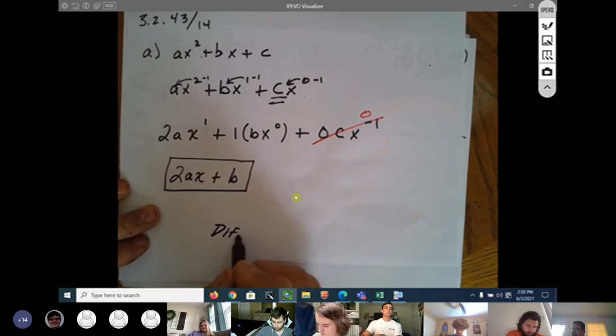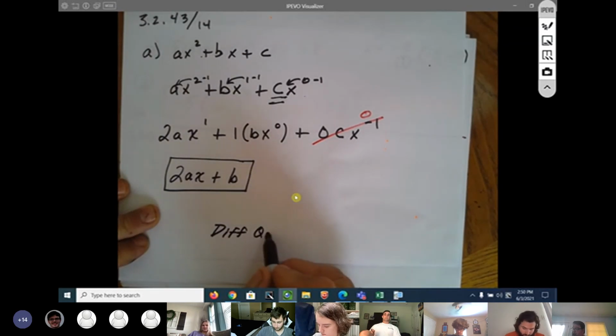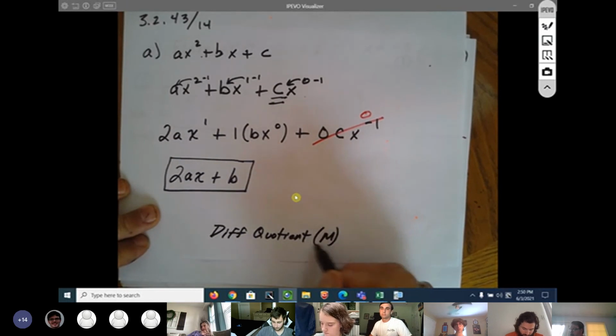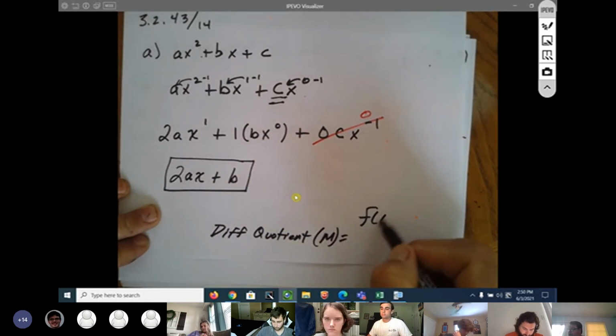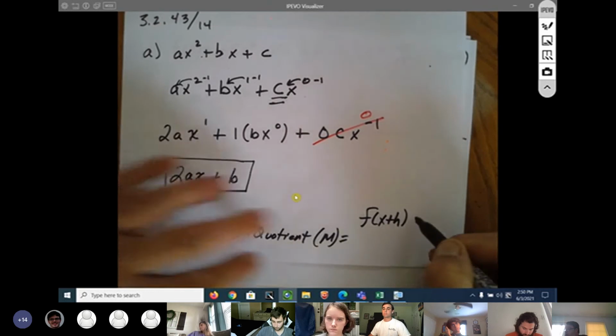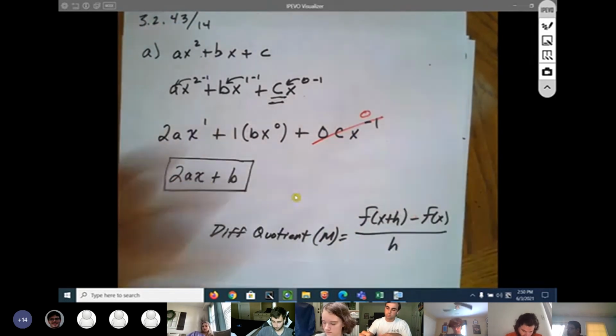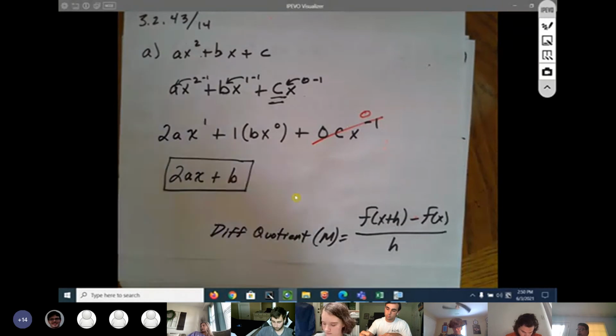Difference quotient is nothing but the slope, right? And it's equal to f of x plus h minus f of x, all over h. You remember it now?